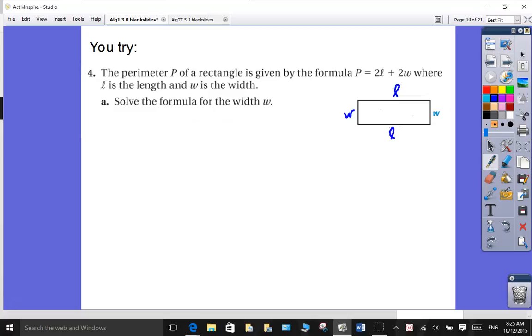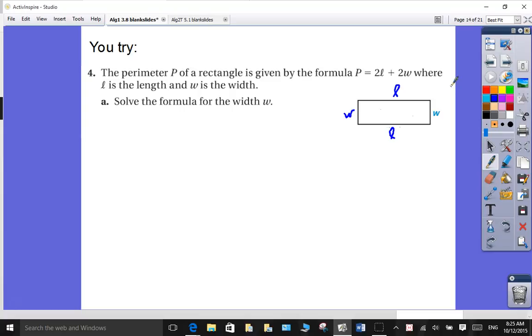So now you're going to try to do the same thing. This time we're talking about the perimeter of a rectangle, right? Here's the picture of the rectangle. It's got a length and a width. What do we mean by the perimeter of a rectangle? The distance around, right?